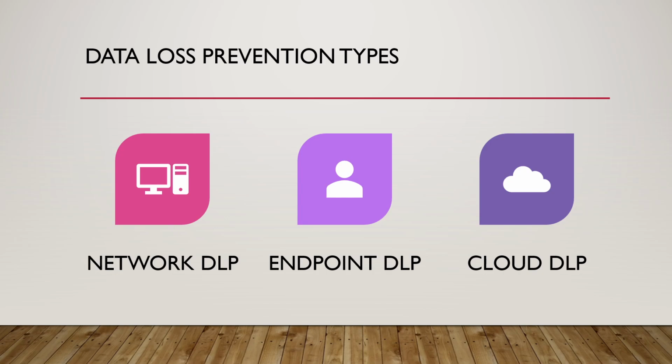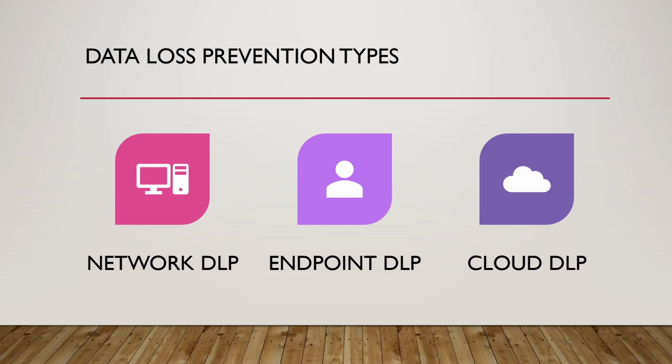We have a few different types of DLPs here. One of the types is a network DLP. Network DLPs monitor the network for data that's in transit. They're looking at emails, file transfers, and network traffic, anything to help detect and prevent unauthorized sharing or transmission of sensitive data. We have endpoint DLPs, which are normally installed on user devices like laptops or mobile devices, and they help us monitor any of the data that's currently in use.